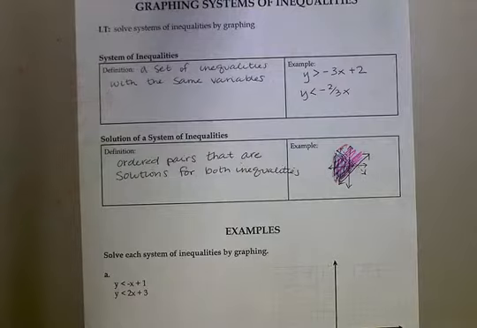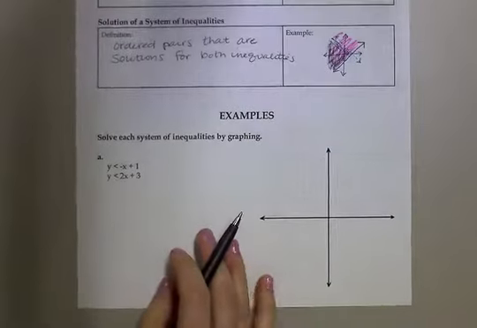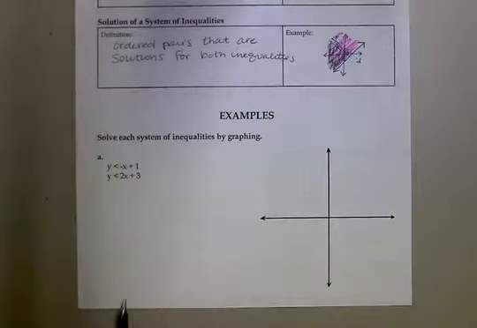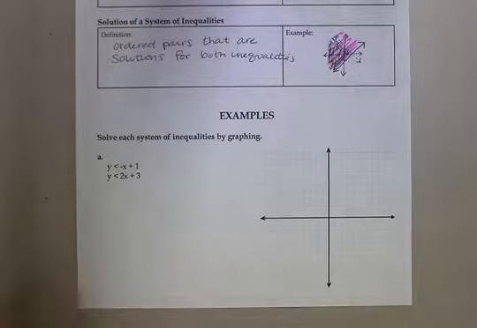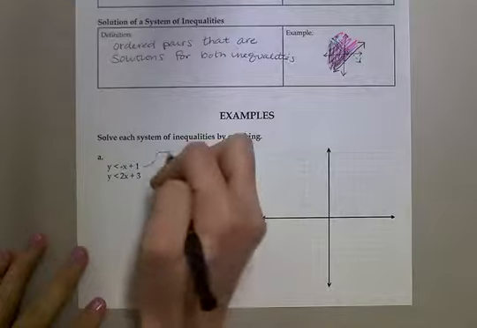So let's go ahead and look at a few examples where we're going to graph these inequalities, and we are going to find the area where their solutions occur. So remember, graphing inequalities, we treat the inequalities first as if they were equations, just so we can get the line on the graph. So let's take a look at our first inequality.